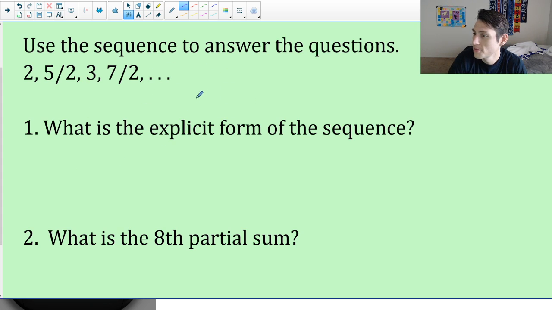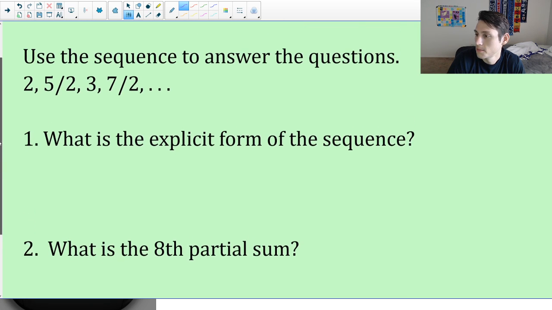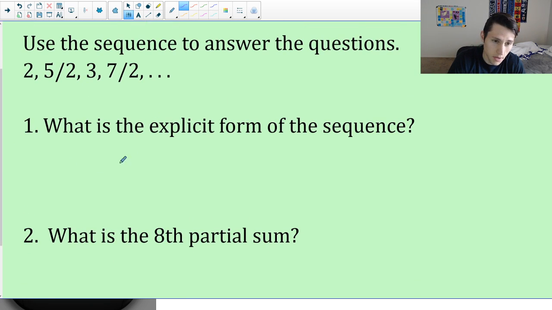All right, so going back to our sequences and series. We talked last time about arithmetic. So let's see if this sequence is arithmetic. We have fractions here.